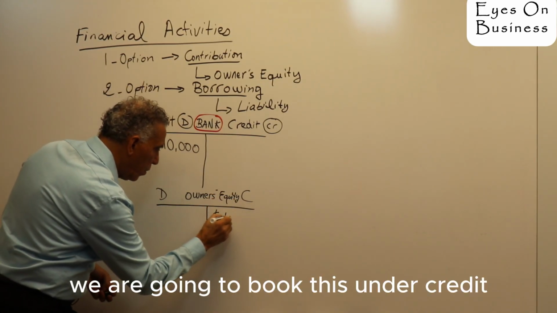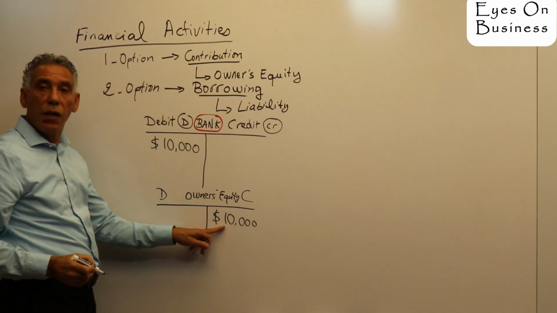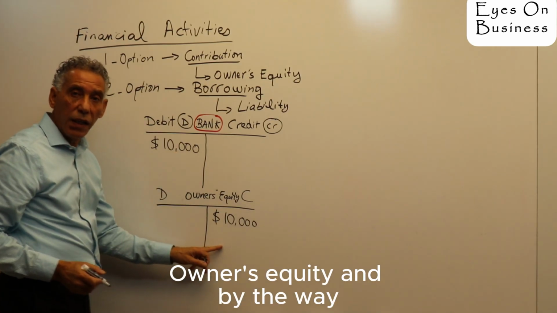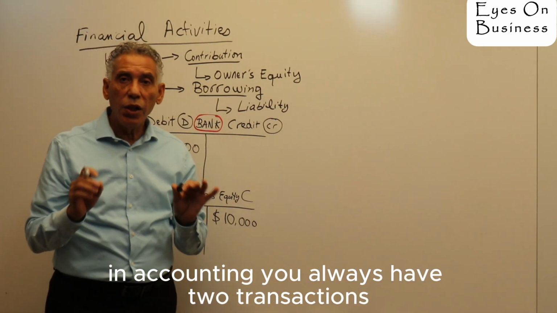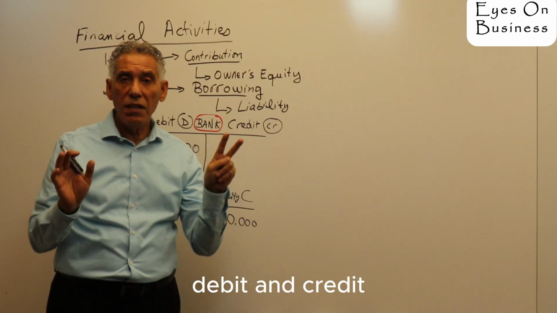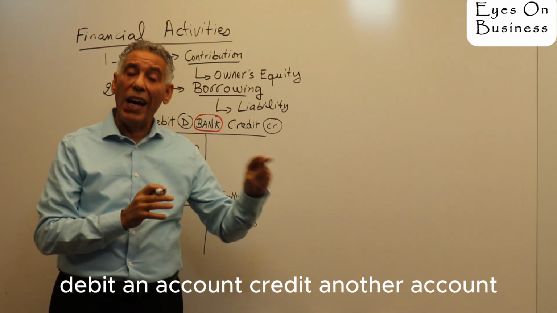We are going to book this under credit. Debit, bank, credit, owner's equity. And by the way, in accounting, you always have two transactions, debit and credit. Debit an account, credit another account.